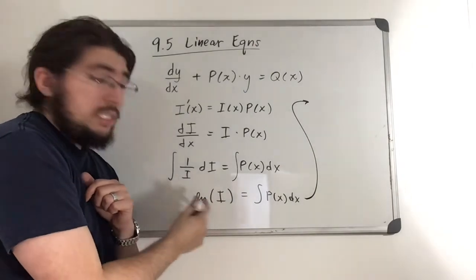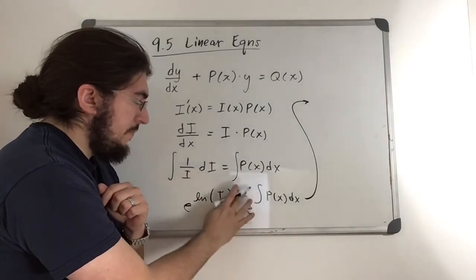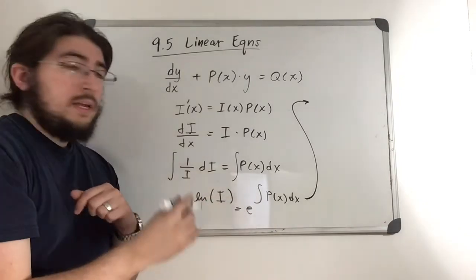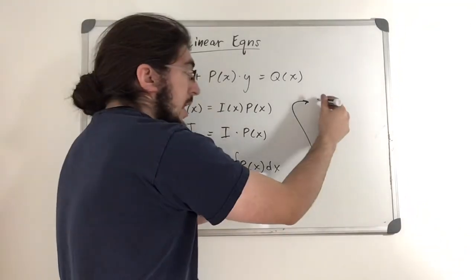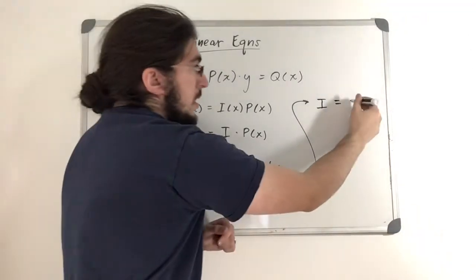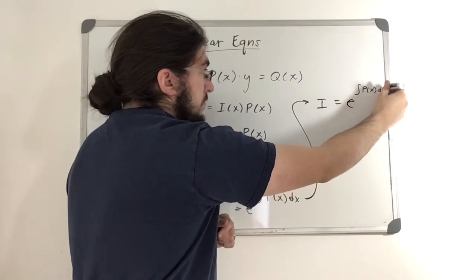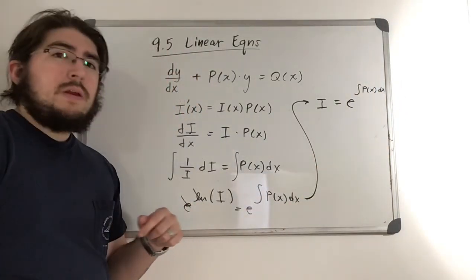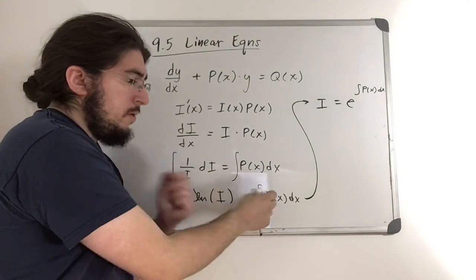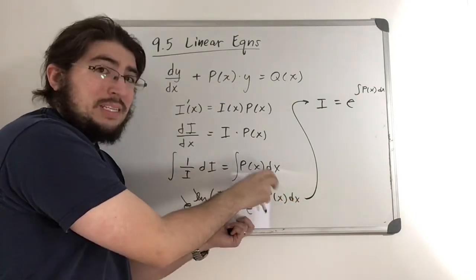So to get I by itself, we're going to take both sides as powers of e. Remember, e to this equals e to that. On the left, they cancel, so we just get I is equal to e to the integral of p of x dx. And this is why we don't care about the plus c, because when you have e to the something plus c, you can write it as e to the something times e to the c.